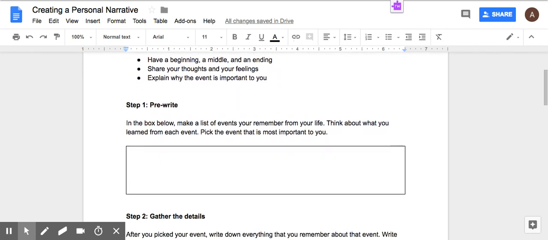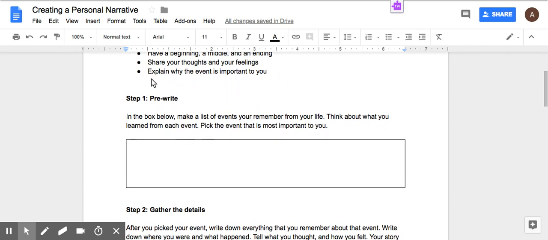So let's start with step 1. Step 1 is pre-writing. When we pre-write, we think about the events that we remember and what we learned from them. We're just going to be making a list here as we pre-write. So if I were doing this, I would be thinking about all the different things that happened that I could write about.